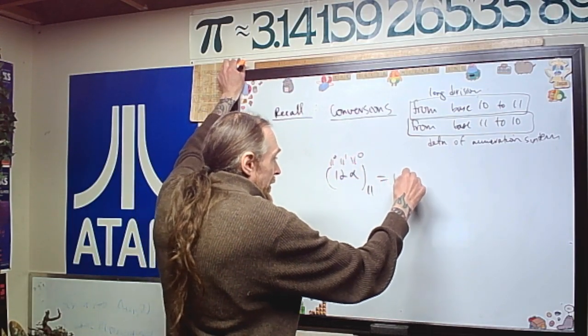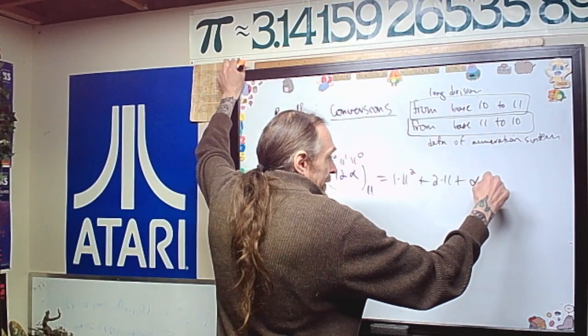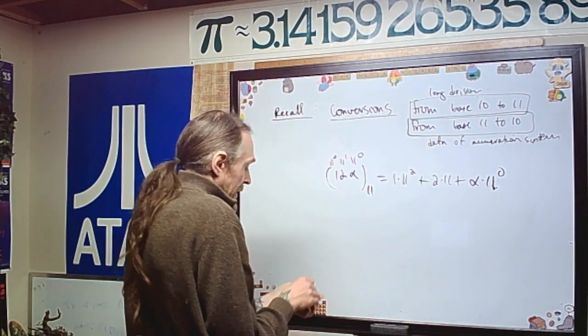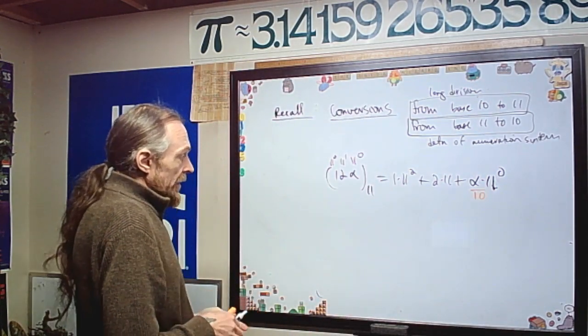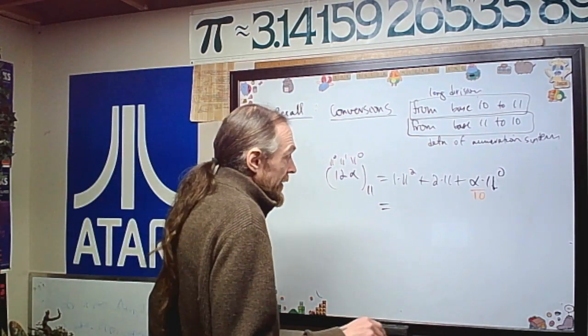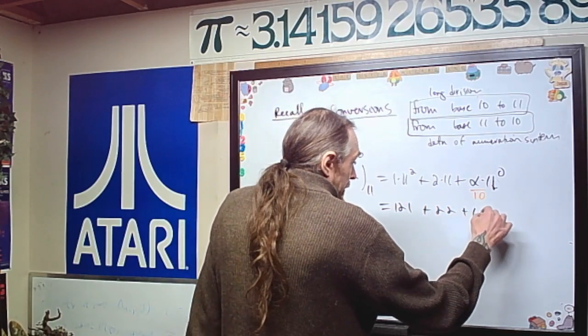So this is going to be 1 times 11 squared plus 2 times 11 plus alpha times 11 to the 0, which at some point you have to call this guy 10 because I'm turning it back into decimal notation. So what is that? Now I'm just working with my notation in base 10. This is 121, this is plus 22, and this is plus 10.